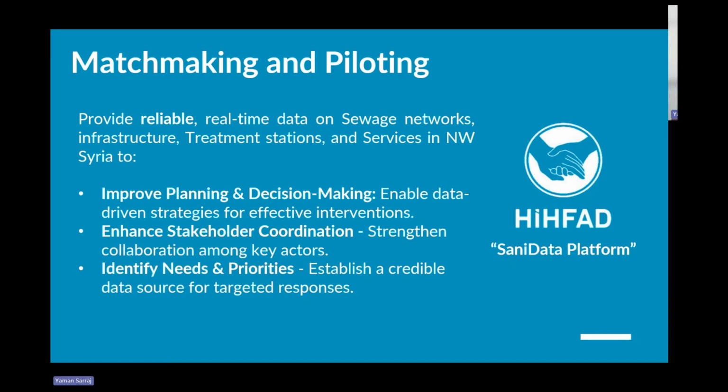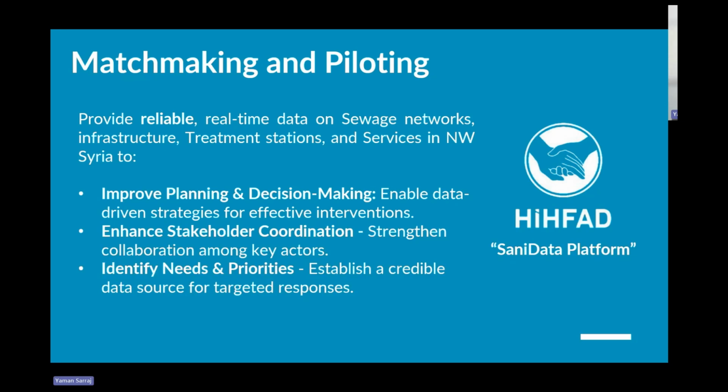So, better decision making. It's also at the donor level: whenever we have reliable data to be shared, or a system that is a reference for either the responders, the cluster, or even at household level, we would see how to plan our activities in sanitation.